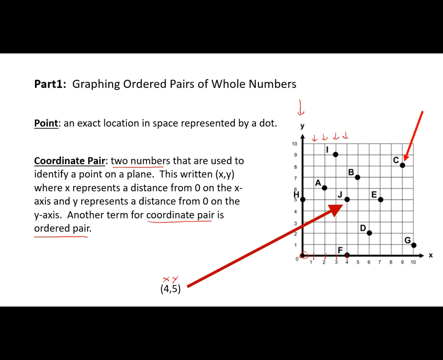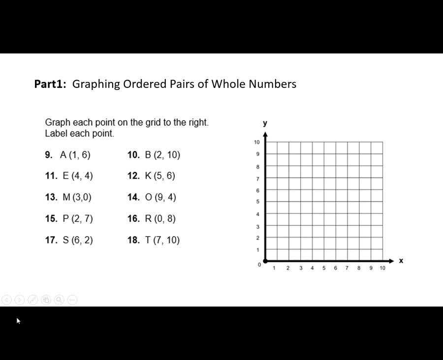So when we talk about the y-axis, we're saying, well, how high, or vertically, do we travel along the y-axis? So we have traveled so far 4 on the x-axis, and now we're going to go 1, 2, 3, 4, and 5. So the y-axis would be 5. So the coordinate pair is (4, 5).